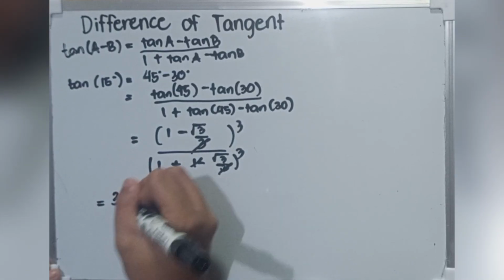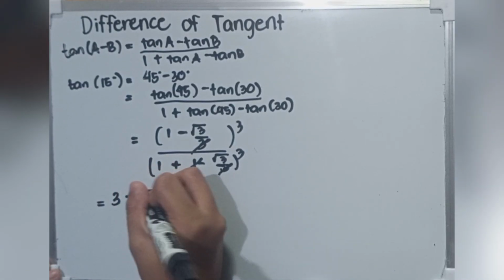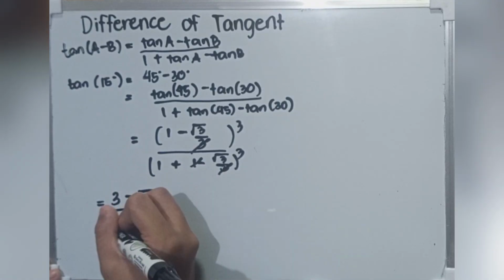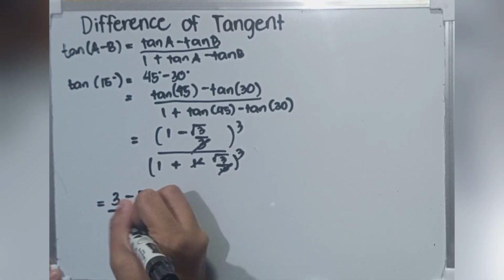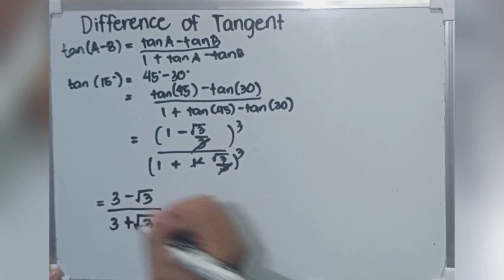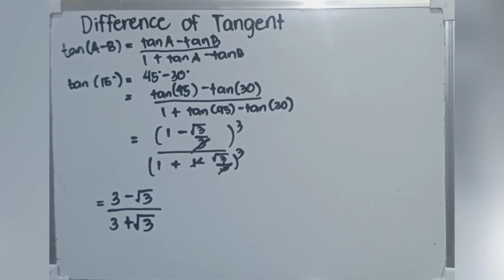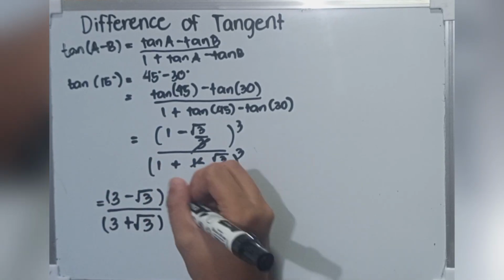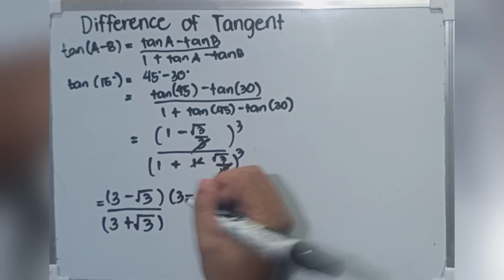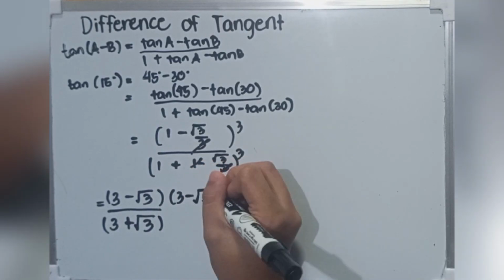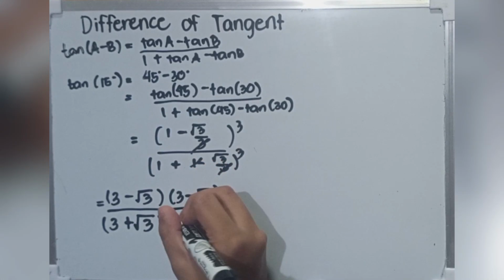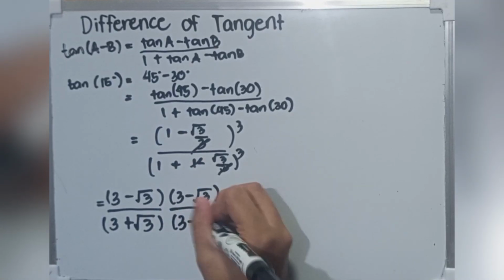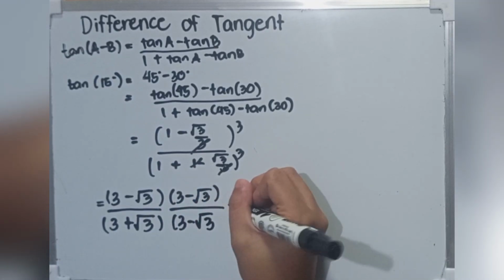So 1 times 3 is 3, and then negative square root of 3, and then just cancel out the denominator to have this value, and then there's no complex fraction, so we're now going to multiply it by the conjugate, which is the 3 minus square root of 3.